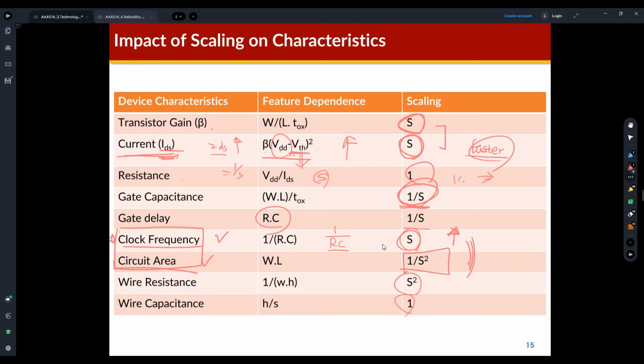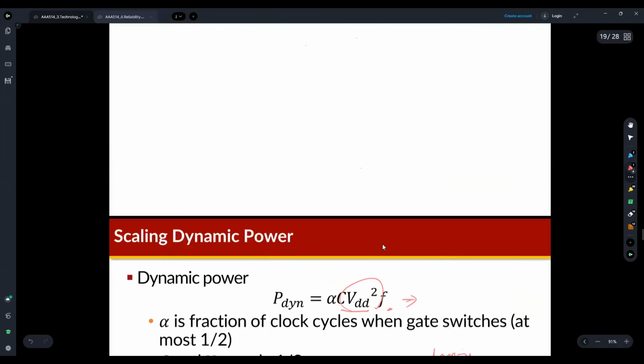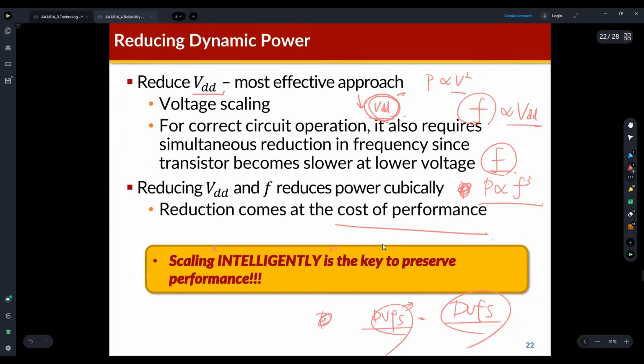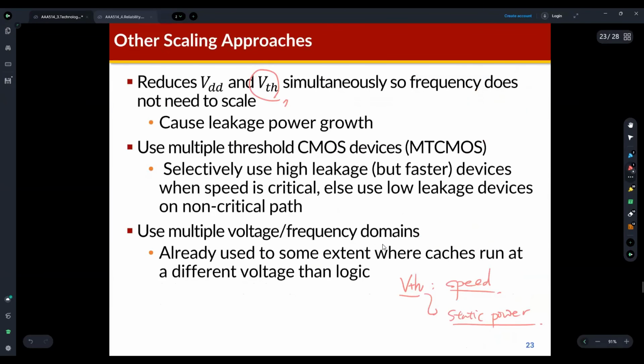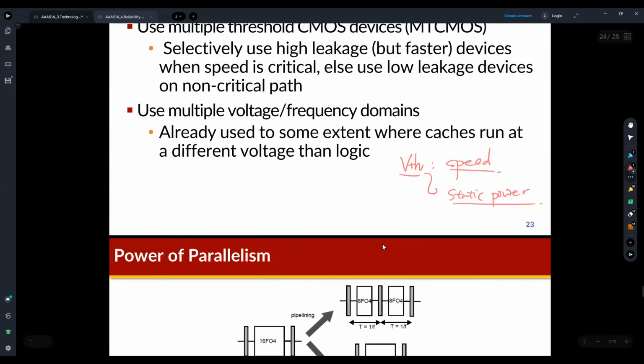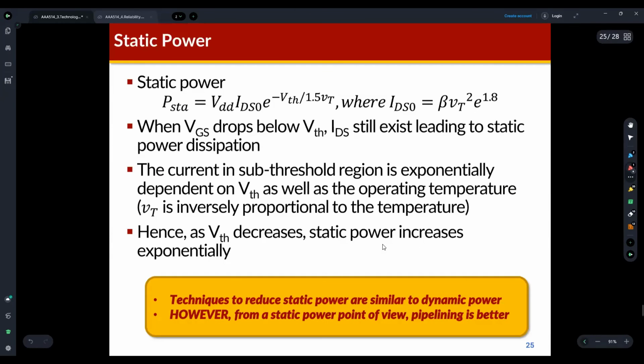If we reduce the threshold voltage, then we can make a faster circuit, a faster device. But it's not a good solution for static power. So I will also discuss the static power.